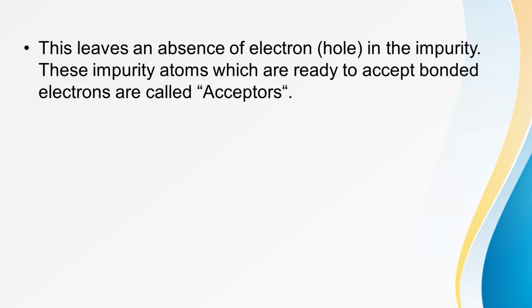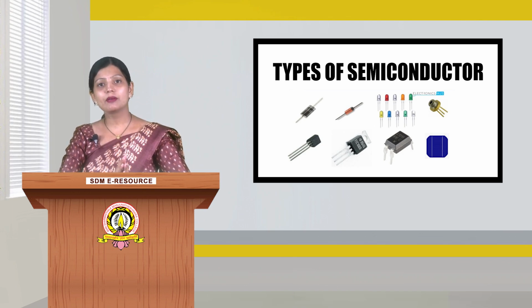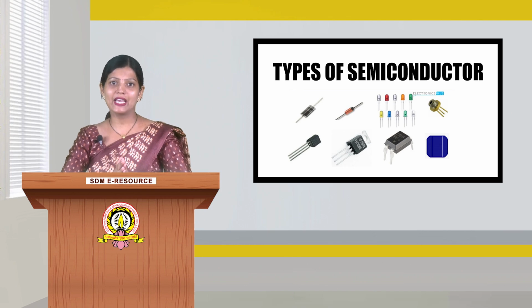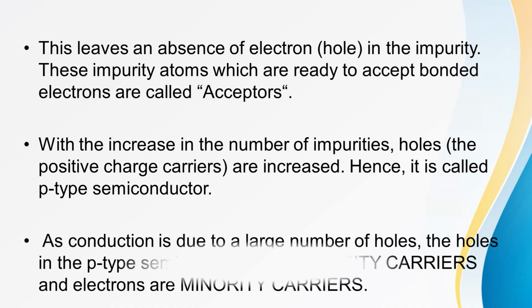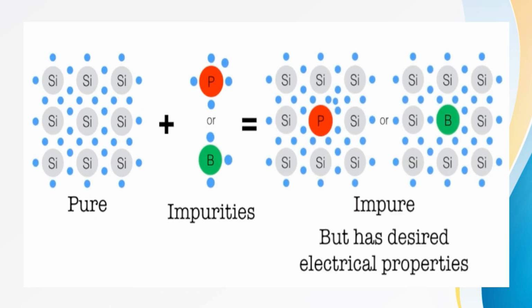Hence, such an impurity is called an acceptor atom. With the increase in impurities, the holes, which are the positive charge carriers, increase, hence it is called a P-type semiconductor. As conduction is due to a large number of holes, the holes in the P-type semiconductor are majority carriers and electrons are the minority carriers.